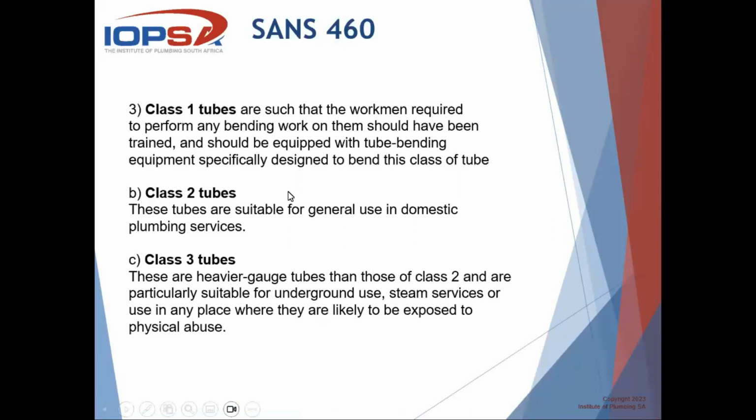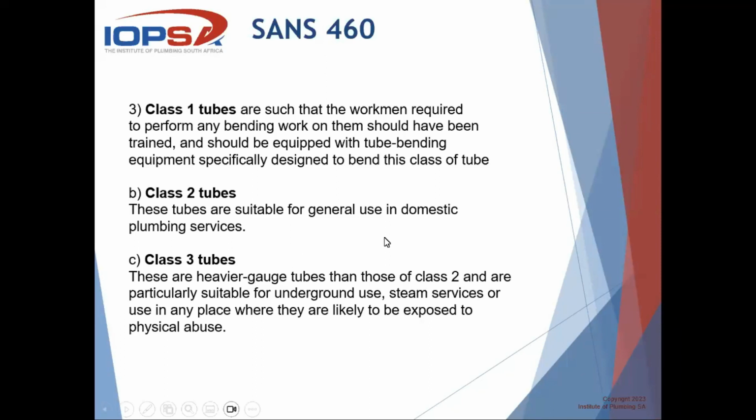If we move on to class 1, similar usage. However, this tube can be bent, but with bending equipment. In other words, you cannot bend it with a spring or with your hand. It's not suitable for that purpose.